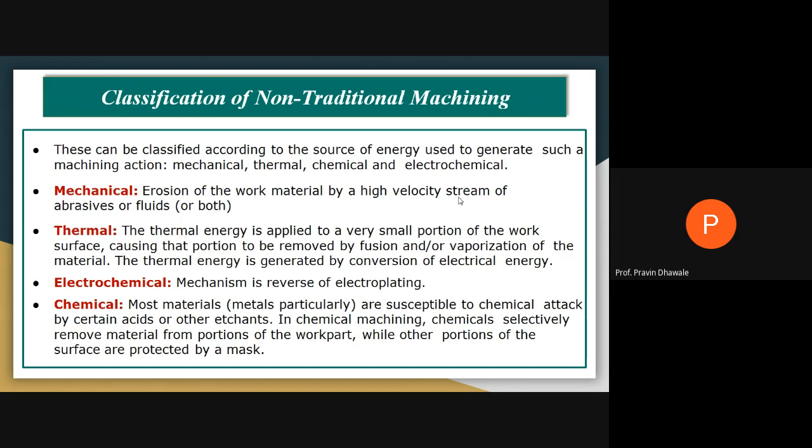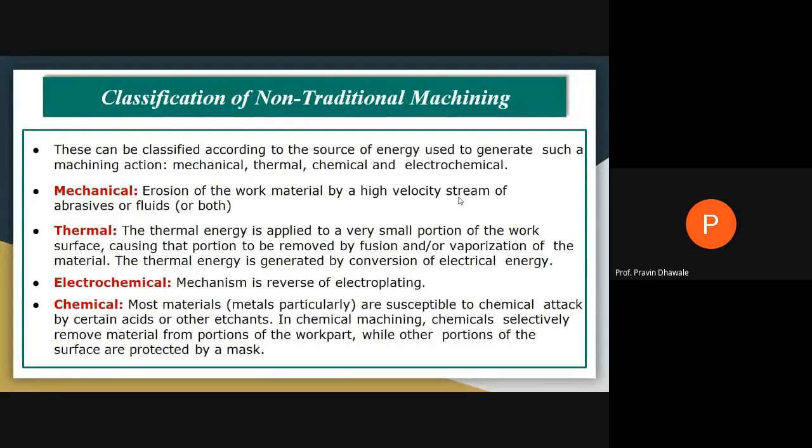The other portion of the workpiece is covered with maskant. Maskant is a kind of insulator that cannot allow the contact of the chemical with the work material.